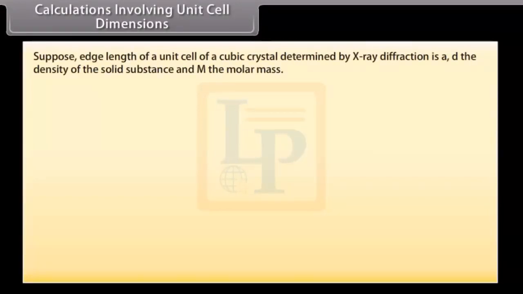Calculations involving unit cell dimensions. Suppose edge length of a unit cell of a cubic crystal determined by X-ray diffraction is a, d the density of the solid substance, and M the molar mass. In case of cubic crystal, volume of a unit cell is equal to a cube.